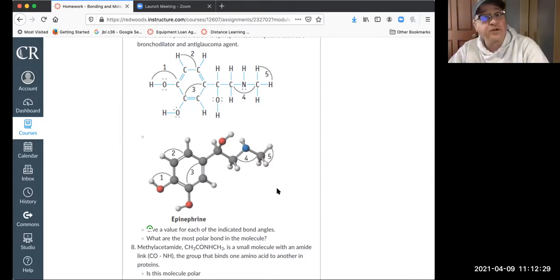There's two. When I draw these, I'm drawing the central atom because we really want to see what's going on with the central atom. I don't want to draw the whole thing out, so I'm just drawing pieces of it.